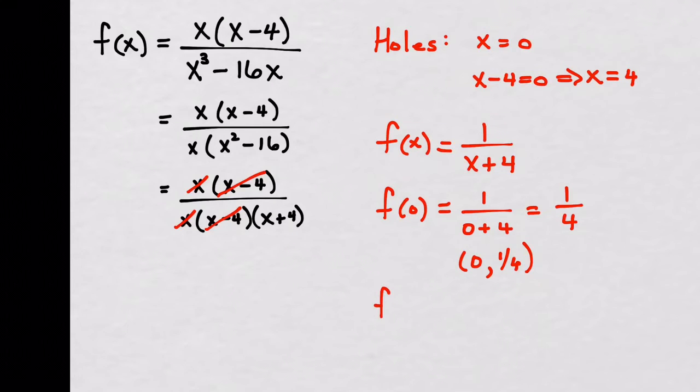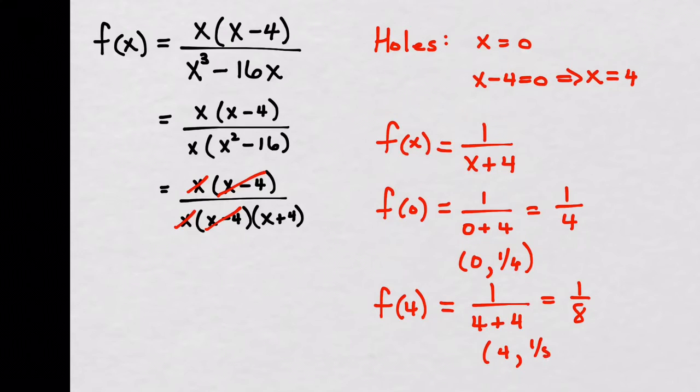And then f of 4, that's going to be 1 over 4 plus 4, which is 1/8. So we have another hole at (4, 1/8). So those are the two holes that we have for this problem.